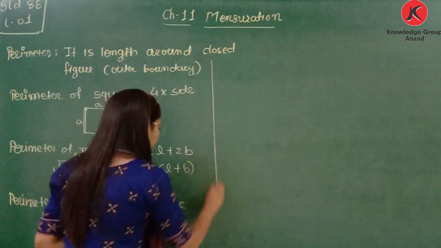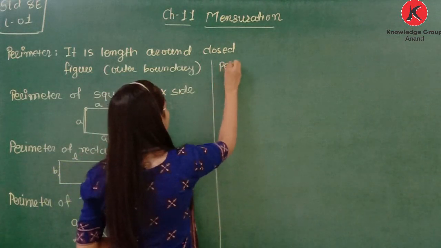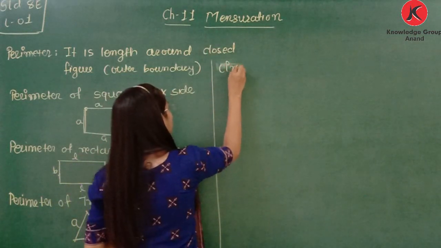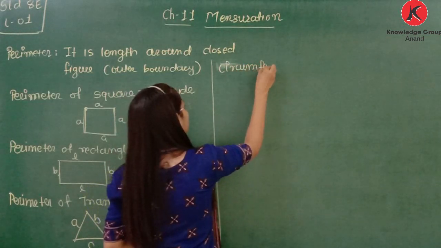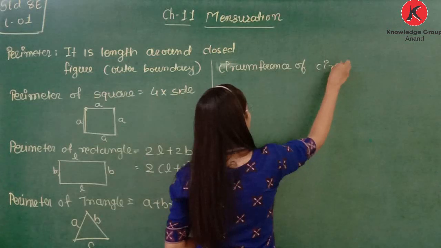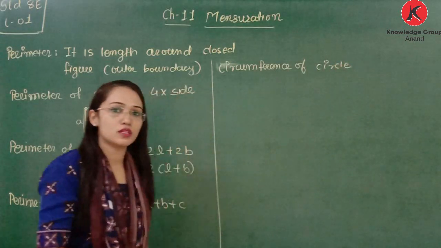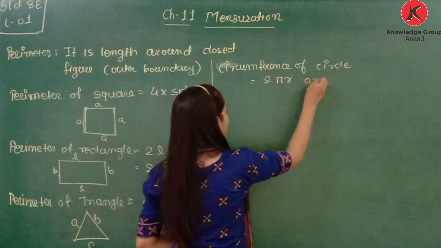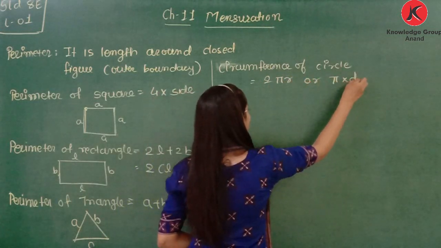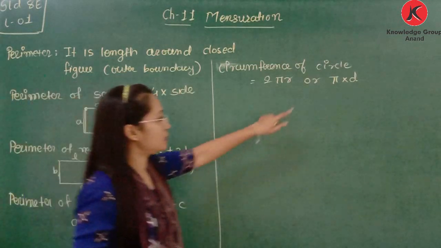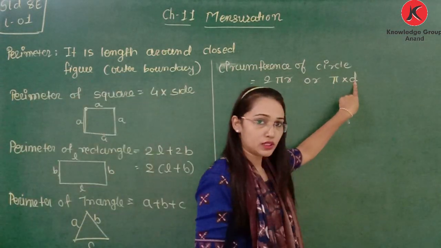After that, circumference of a circle. So what is the equation for the circumference of a circle? That is 2 pi r, or you can say pi multiplied by d, where d is the diameter. Why?